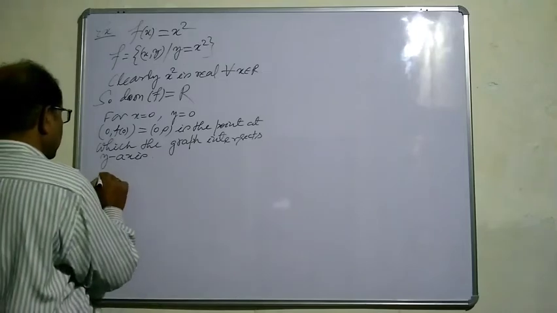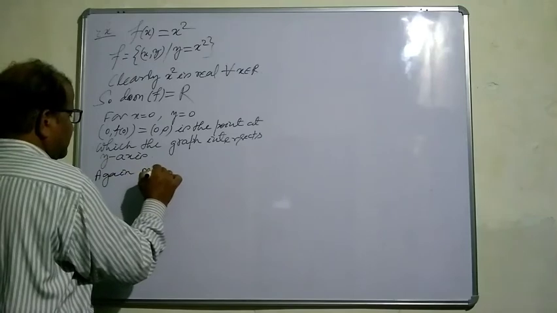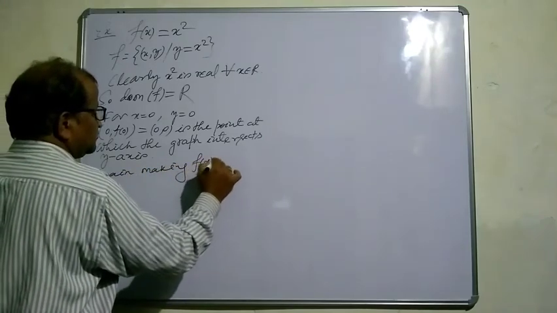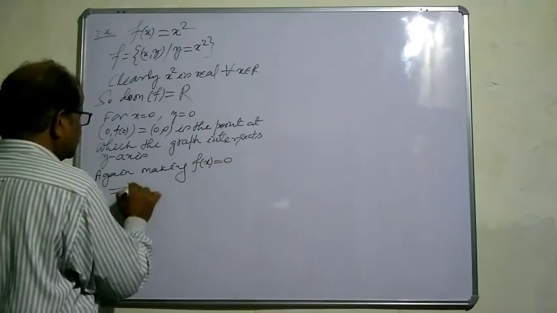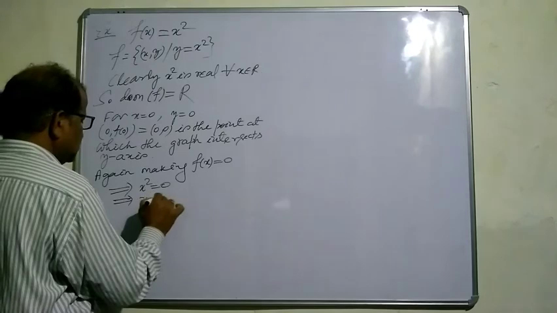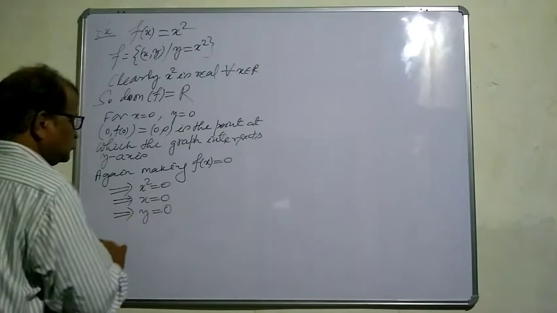Again, making f(x) is equal to 0 implies x square is equal to 0. This implies x is equal to 0, and this implies y is also equal to 0.